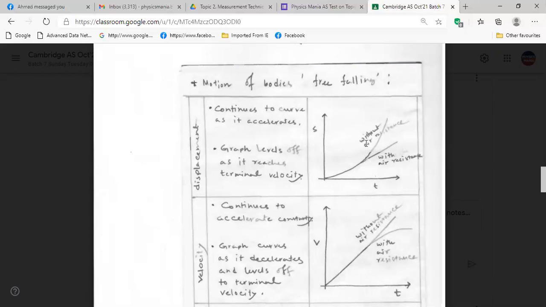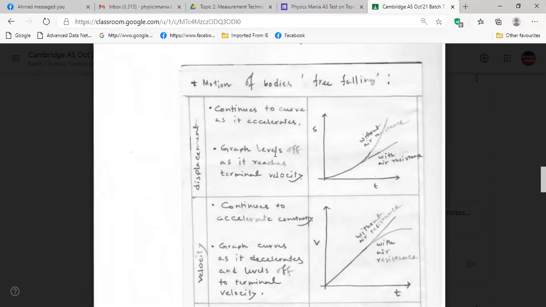And without air resistance, it will go with acceleration. Always there will be acceleration, right? That acceleration we are showing here without air resistance. So the lower one is with air resistance and the upper one is without air resistance. And the description is here. Continues to curve as it accelerates.